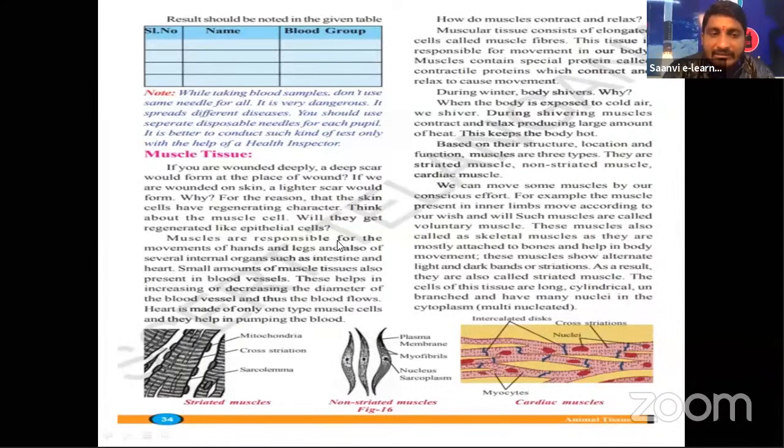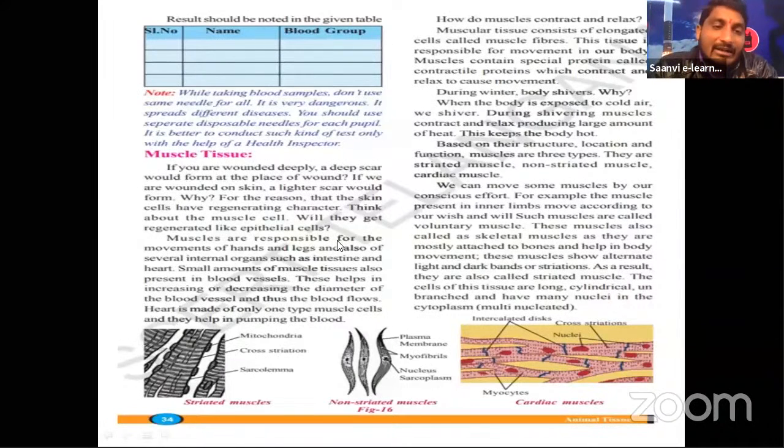Small amounts of muscle tissue are also present in blood vessels, such that the diameter of the blood vessel increases and decreases. The muscle tissue present in the blood vessels helps in increasing or decreasing the diameter of the blood vessel, and thus the blood flows.